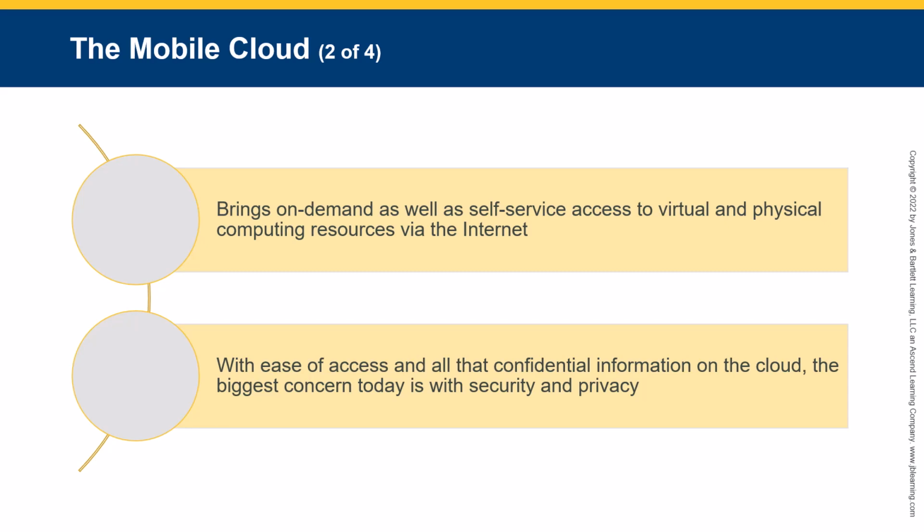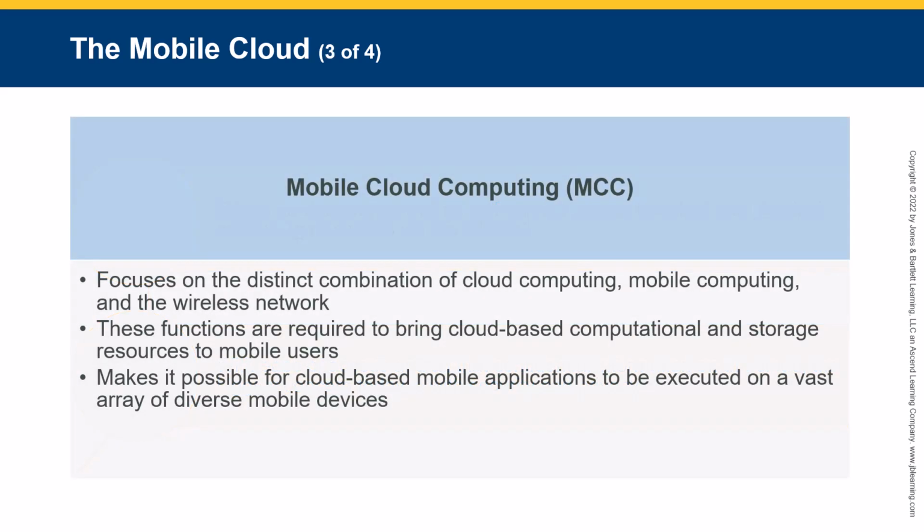So that moves us into the concept of this MCC, mobile cloud computing. This will focus on the distinct combination of mobile and cloud and wireless communication. These together bring cloud-based computational storage resources to the mobile user. You want a virtual machine you can run on your phone? Sure, you can do that.